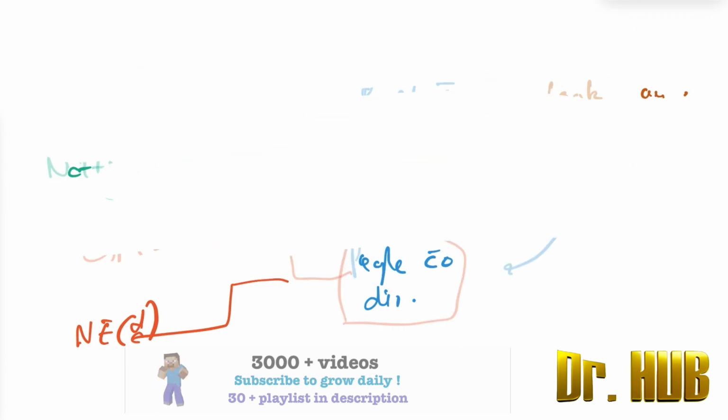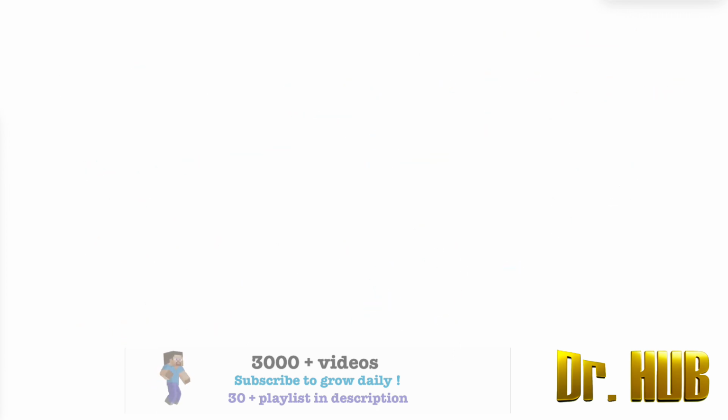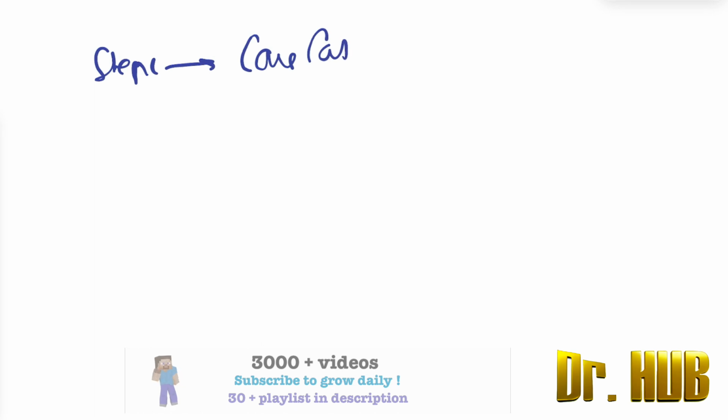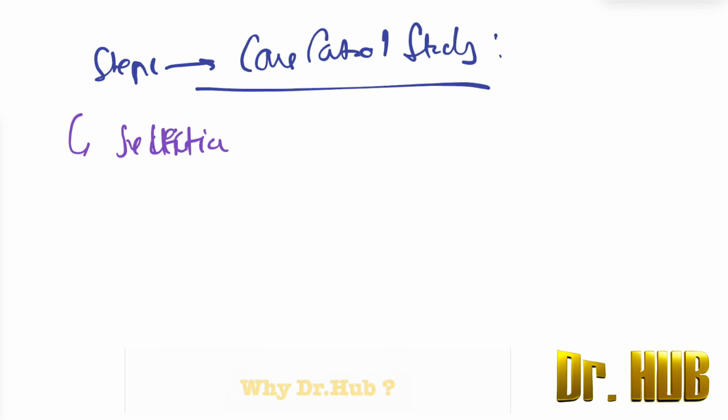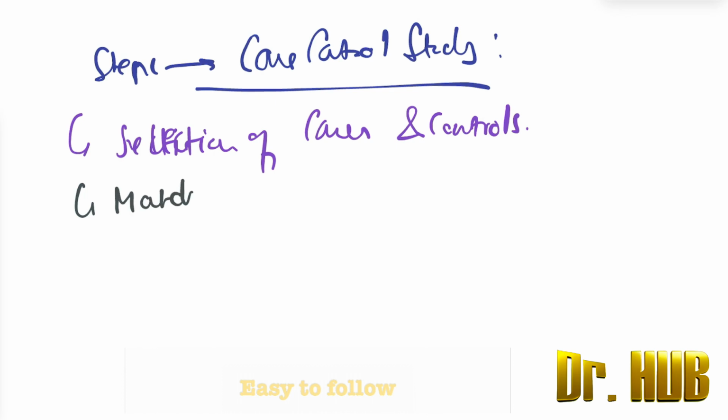Now let's look in detail at the steps of the case control study. First is the selection of cases and controls. Then comes the matching.